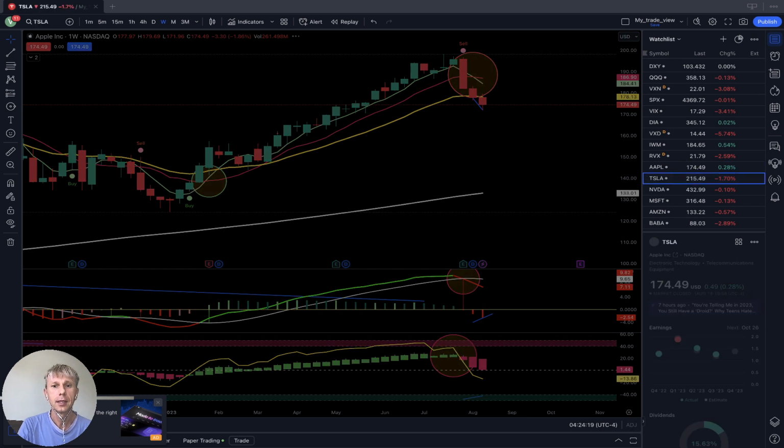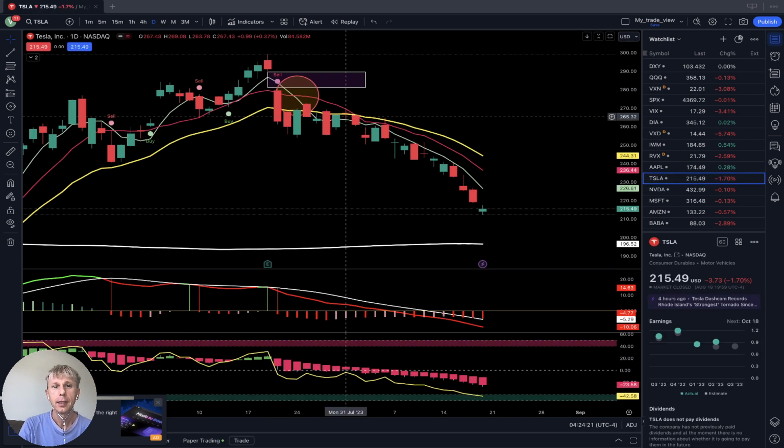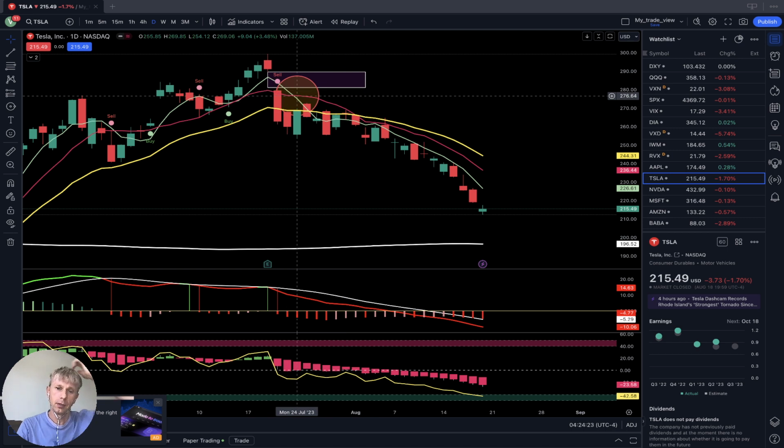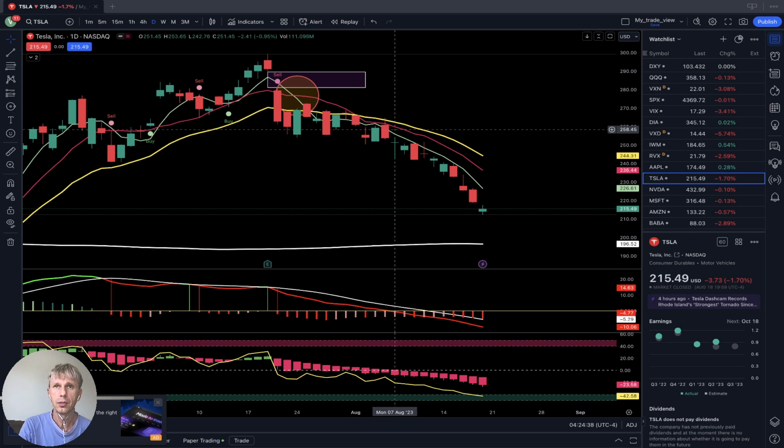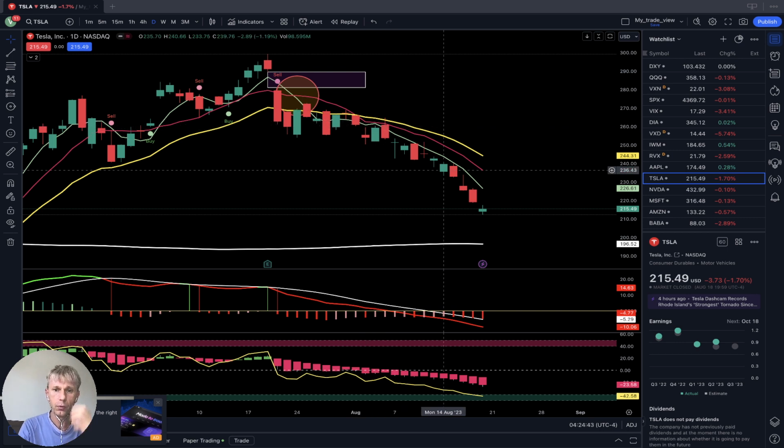Let's start with Tesla daily, right? Tesla did bearish crossover in July. It left gap down, and it did bearish crossover. MA5 did bearish crossover over 10 and moved below 20. Fully confirmed bearish reversal signal, bearish trend, because MA5, 10 and bars are below 20.